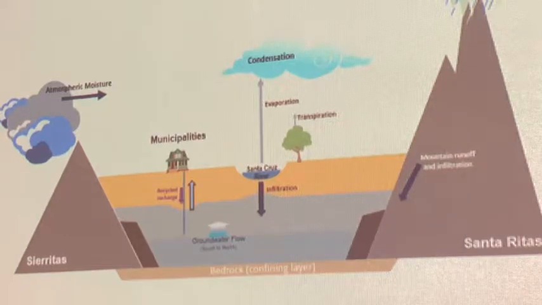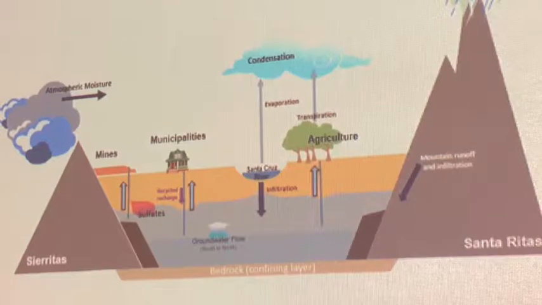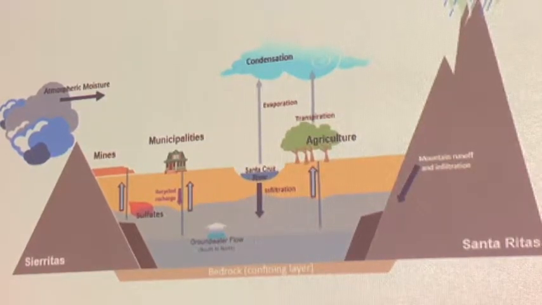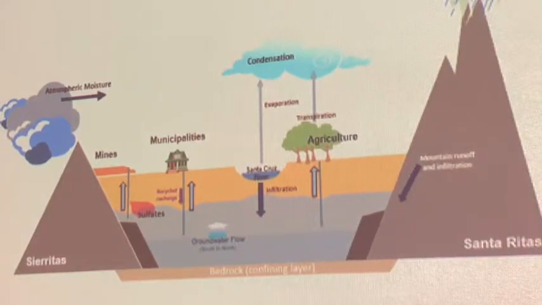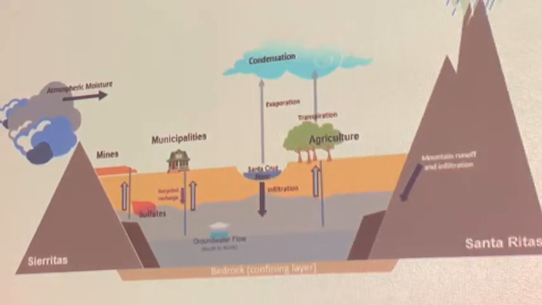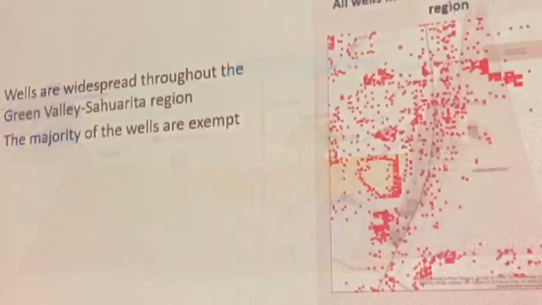We take it out for municipalities, we take it out for agriculture, and sometimes there are contamination plumes. In this case, this is a sulfate plume from the mine, and that can be up here in the unsaturated zone, but it can also get into the saturated zone, and then it can be moved along in the groundwater.